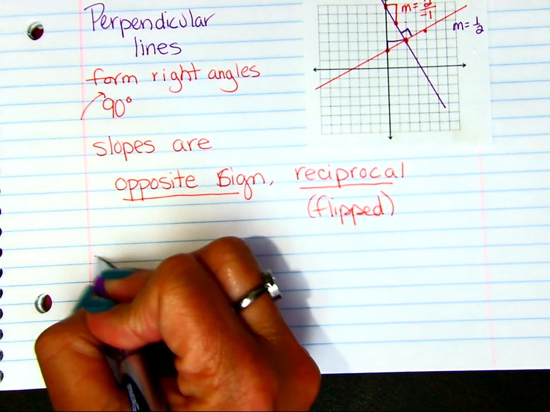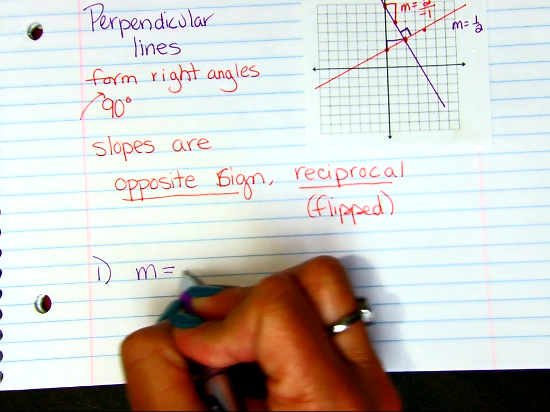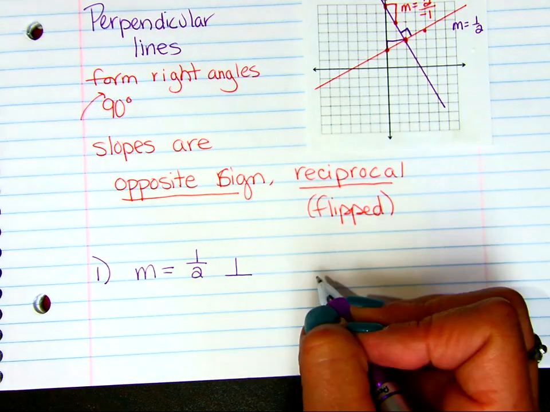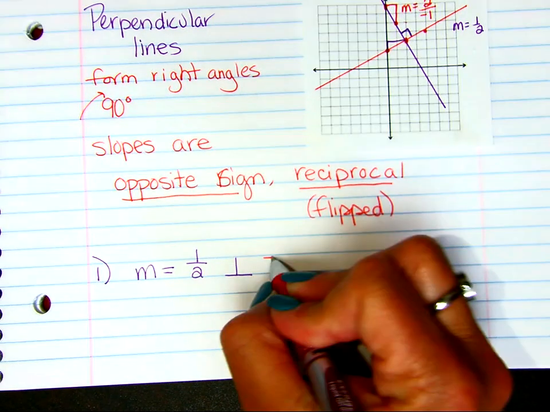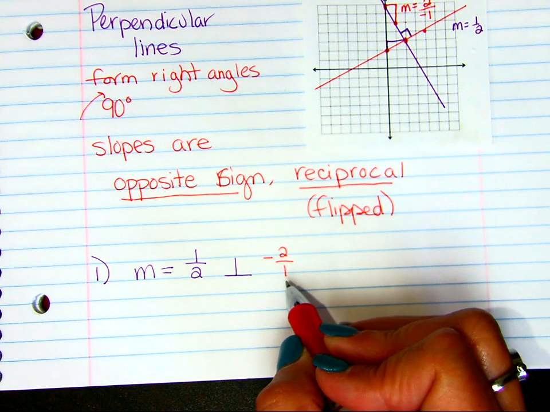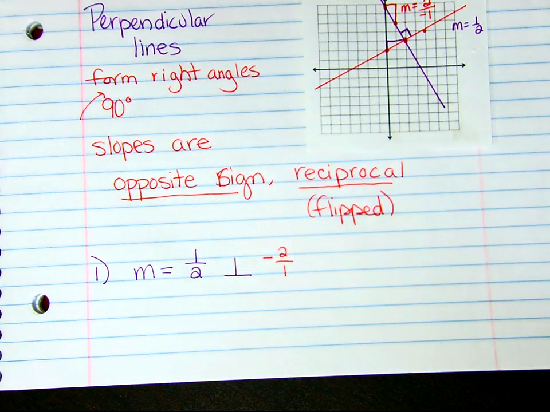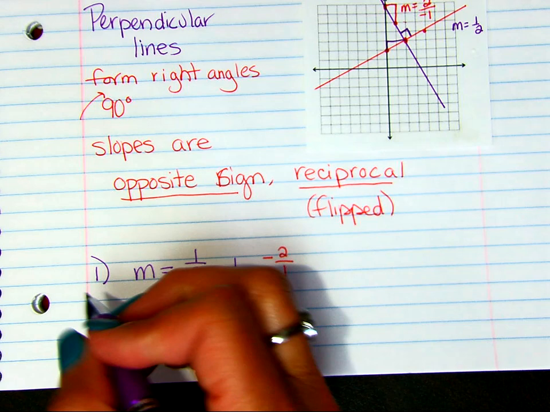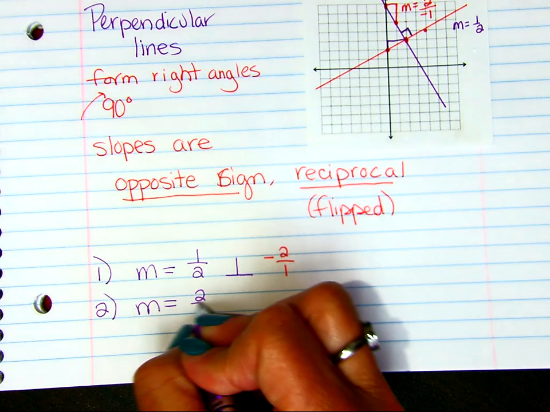So let's just practice really quick. If the slope of a line is 1/2, a perpendicular slope to this one would be -2 over 1. Notice I flipped it and I changed the sign. Okay?